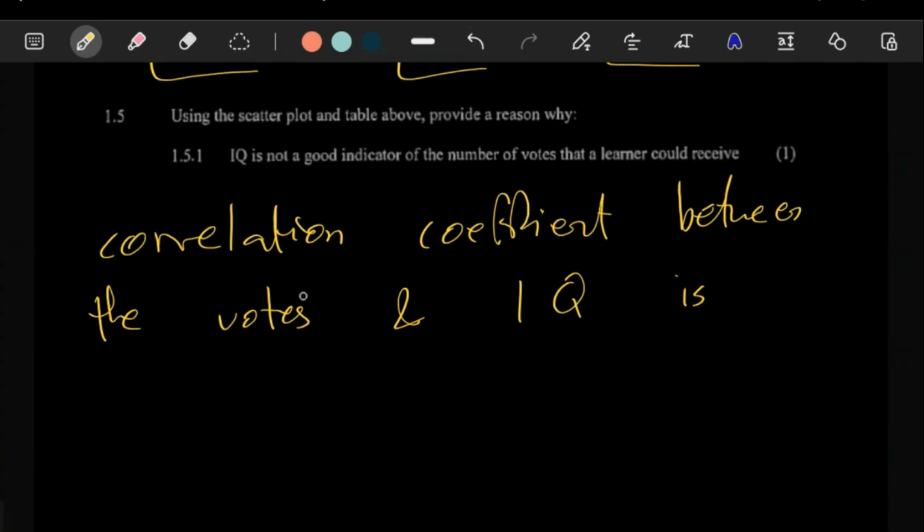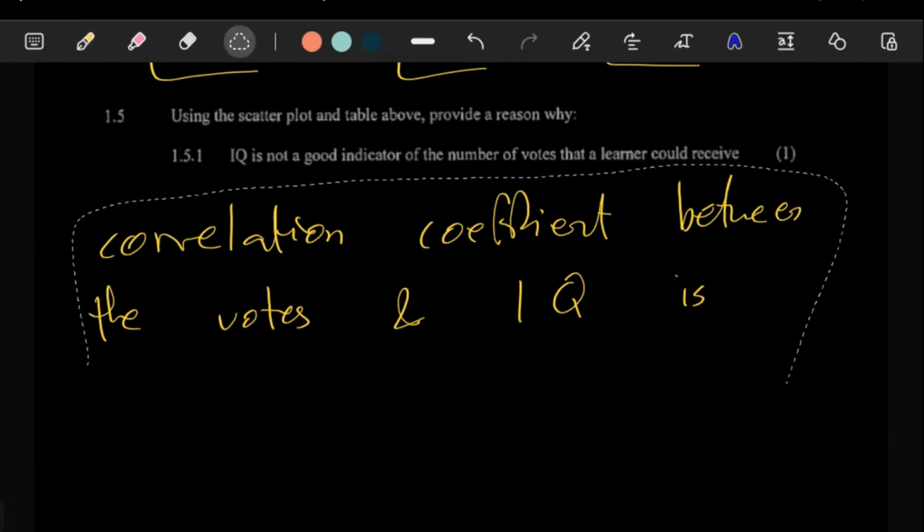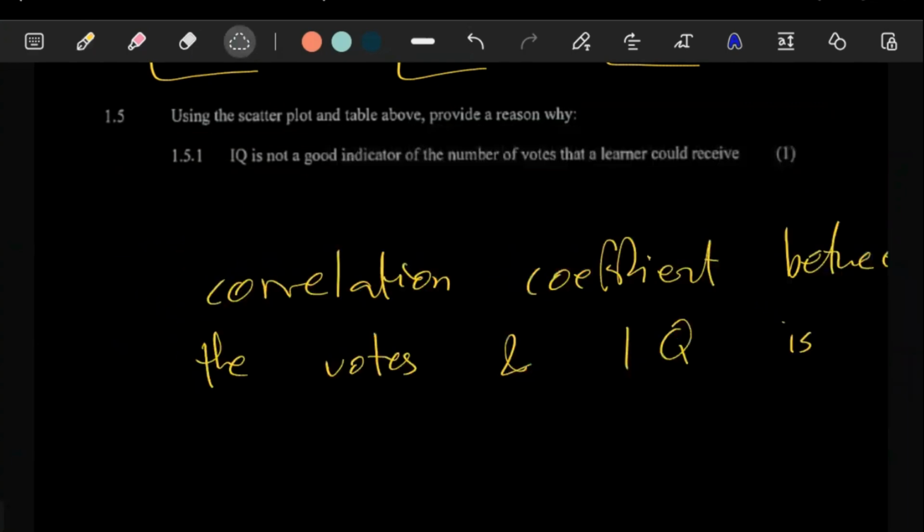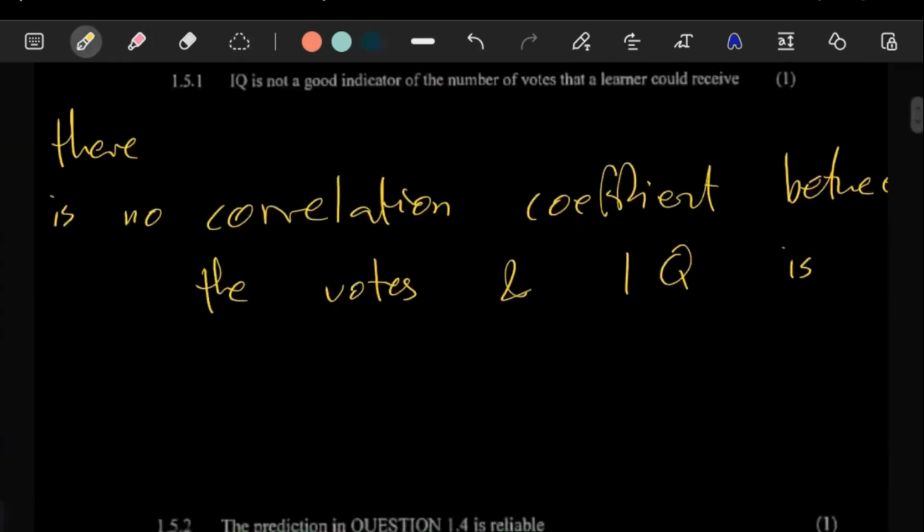We can just say there is no correlation, because if the correlation is not there, it means it's also low and weak. Or rather, when you say no, I think no may be seen as a bit wrong. So let's just say the correlation coefficient between the votes and IQ is very low.